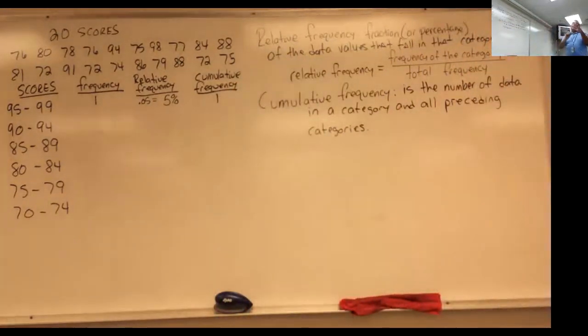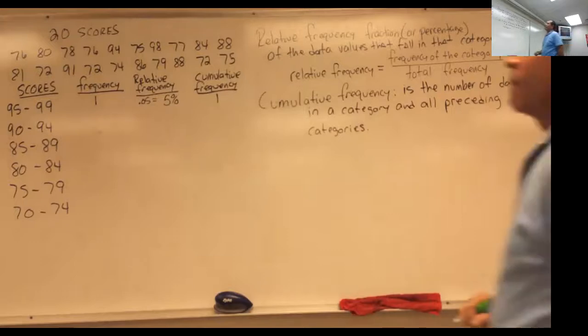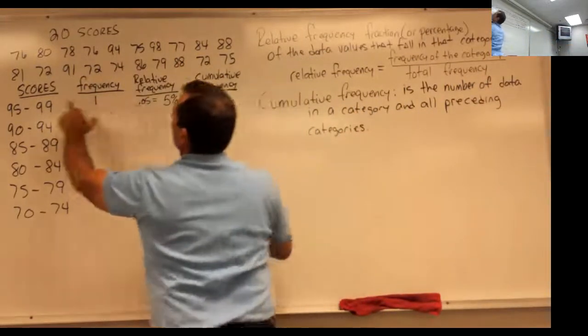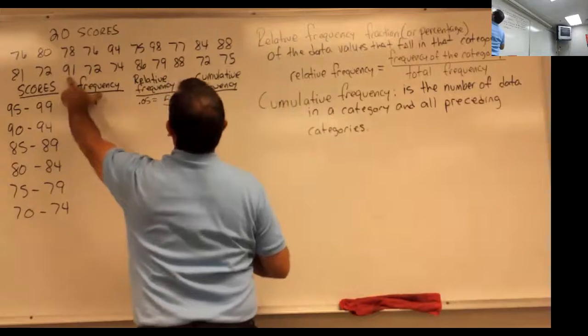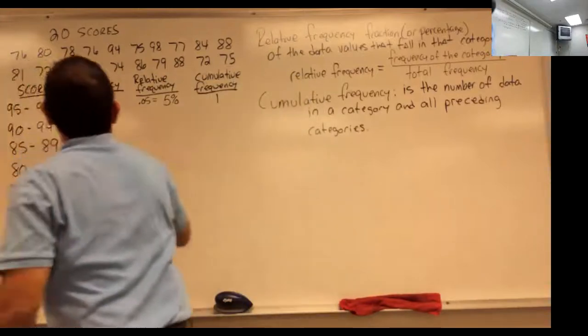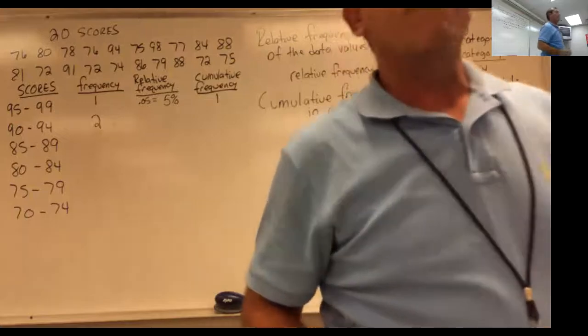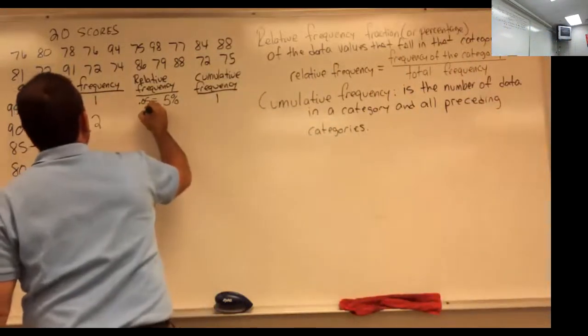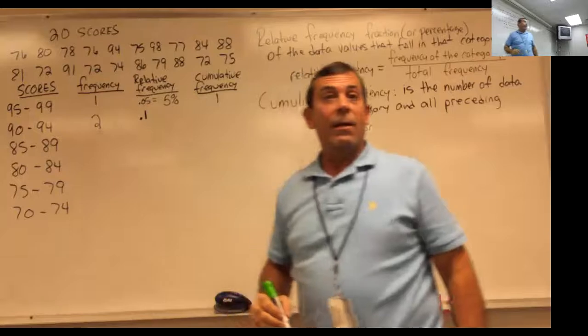So now how many scores do I got between 90 and 94? I got a 94 here. I got a 91. 2. And that's it, right? 2. So do 2 divided by 20 now. And y'all should get a 0.1.